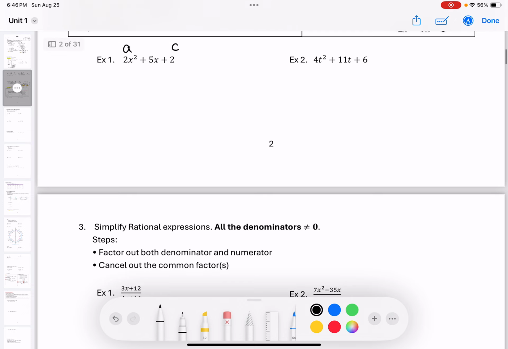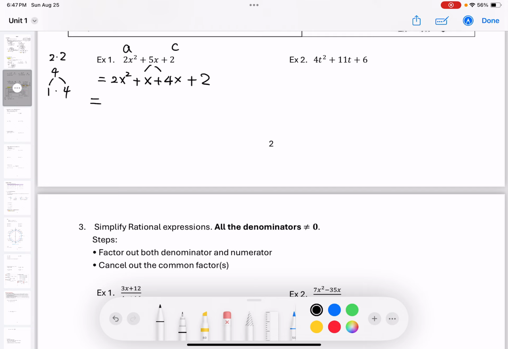A times C is 2 times 2, which is 4. Find two factors whose addition makes 5. 1 times 4 makes 4. 1 plus 4 makes 5. Yes. So the second step is to separate 5x into x plus 4x. And then we do the group factoring. First 2, last 2.